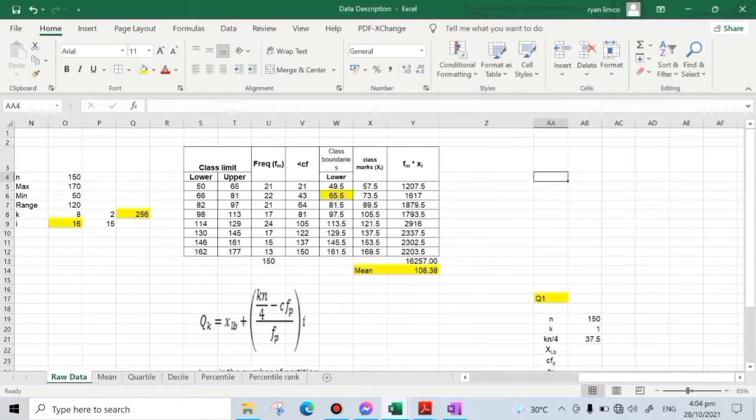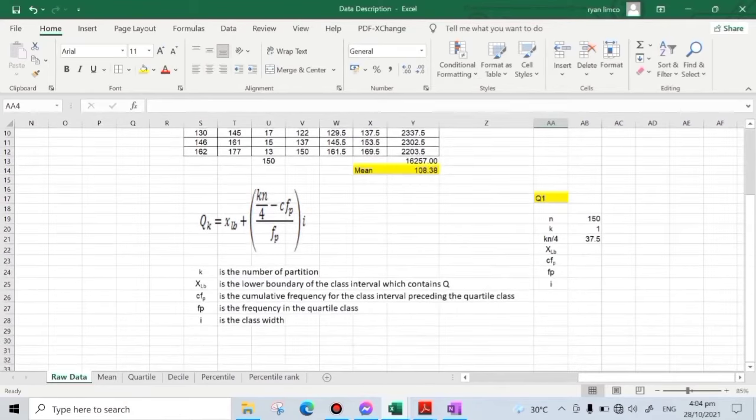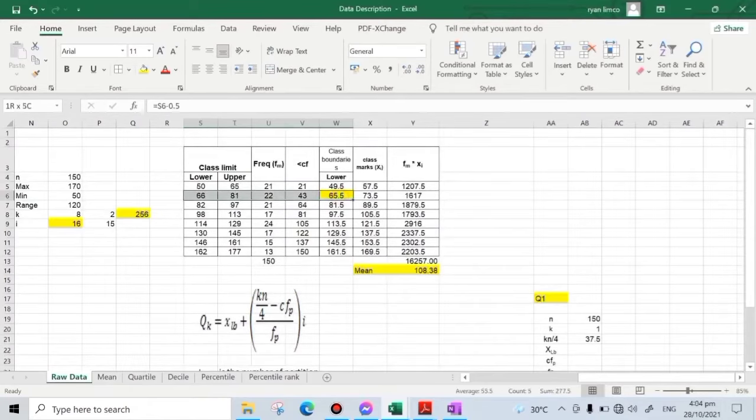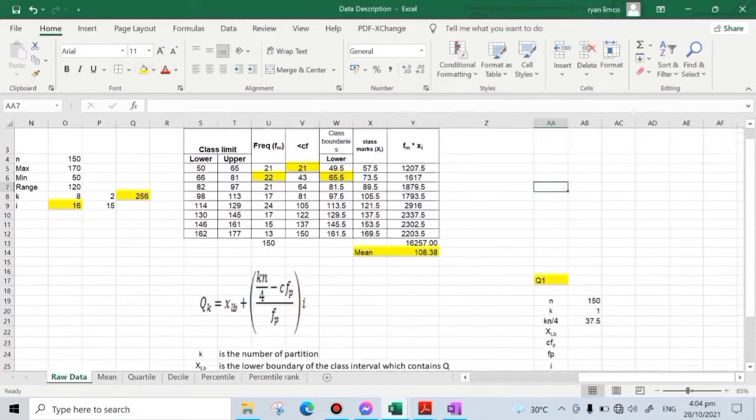And the CFP is the cumulative frequency for the class interval preceding the quartile class. So, if this is the quartile class, this is the CF preceding the quartile class. And the frequency of the quartile class is this quantity here.